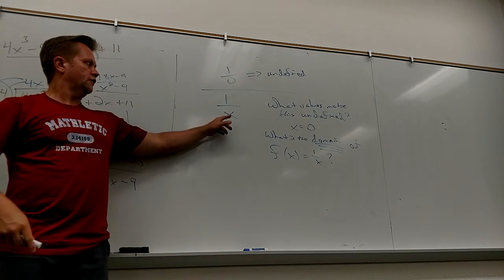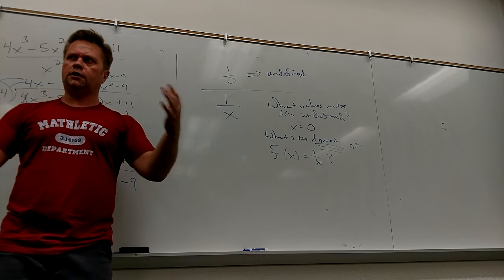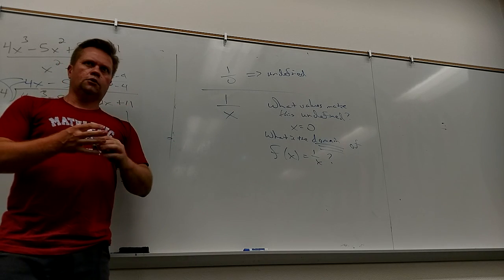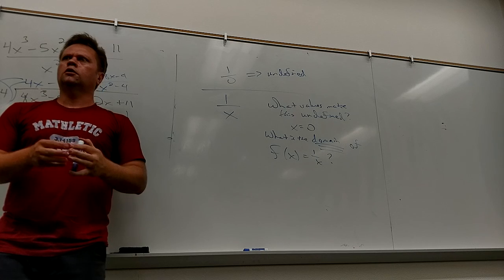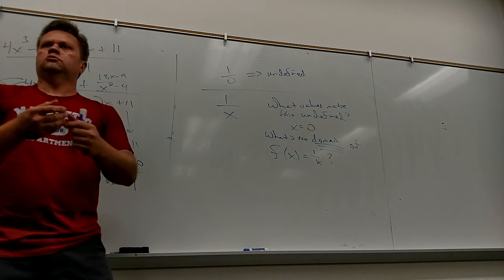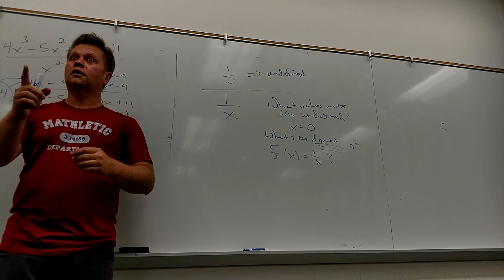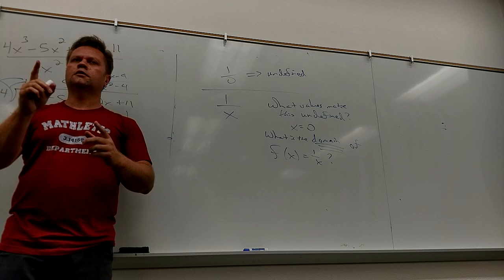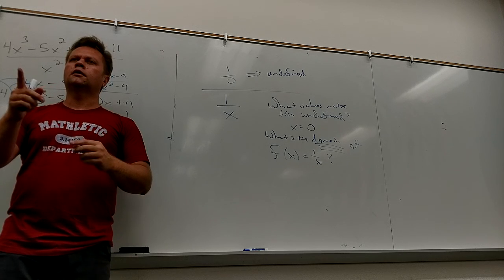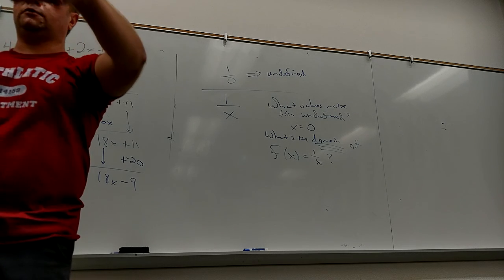If I ask you what's the domain of this, who remembers what domain means? You remember how you do D and you have numbers, and R and you have numbers, and you have the little arrows?